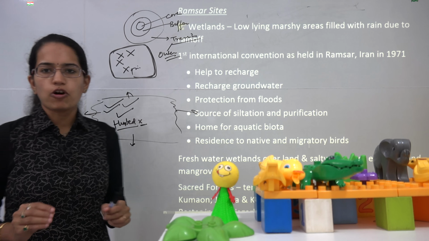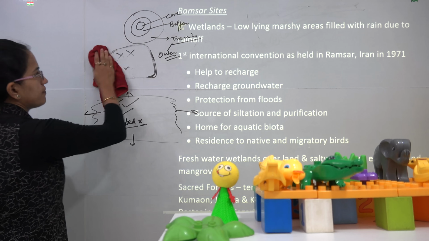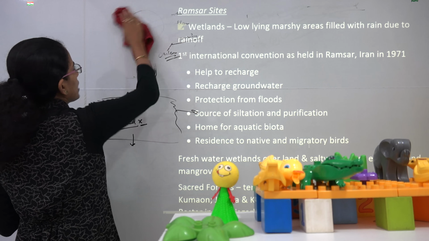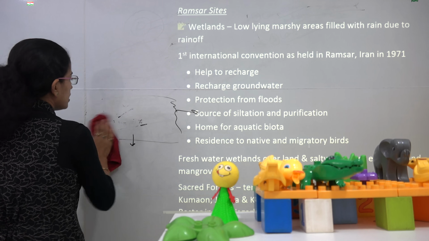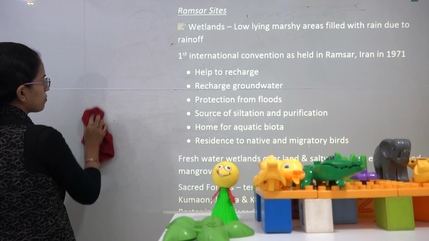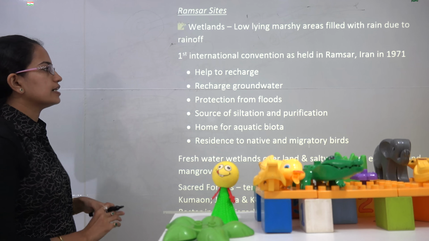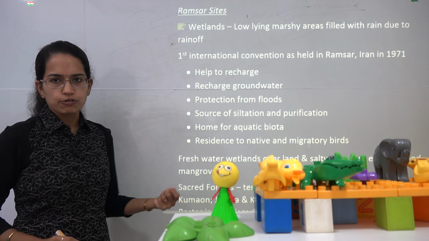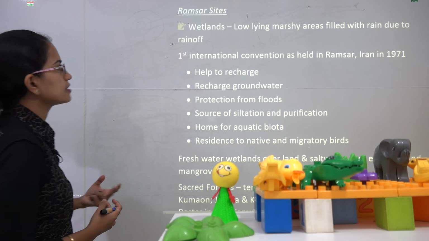The next important topic we will discuss today under in-situ conservation is wetlands. Wetlands are low-lying marshy areas. Let's take Nal Sarovar, which is a wetland area. What is the benefit of these wetlands? Since they are low-lying marshy areas, they recharge the groundwater, so there is a good amount of groundwater in these areas.